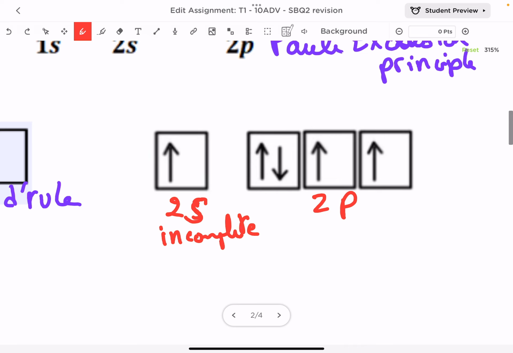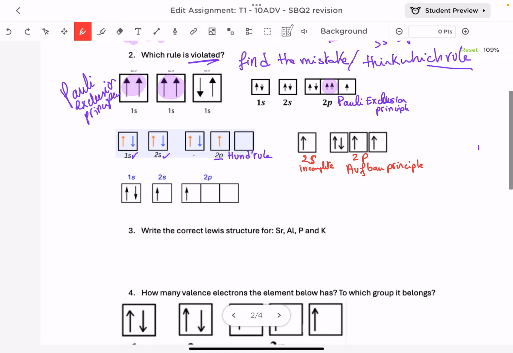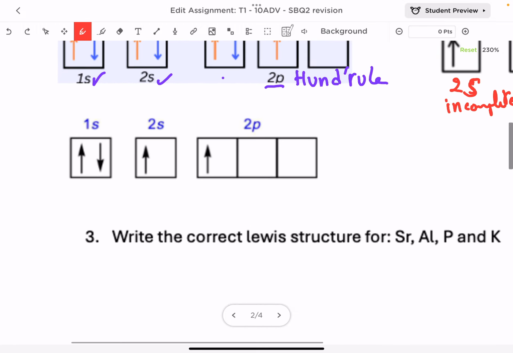So the rule violated here is the Aufbau principle, because we jumped to fill the orbitals of p without completing the 2s. Aufbau principle. I hope that my explanation is clear.